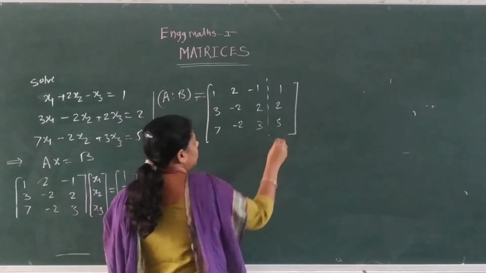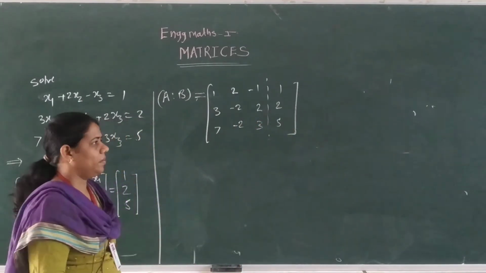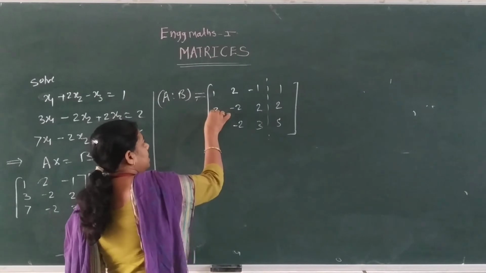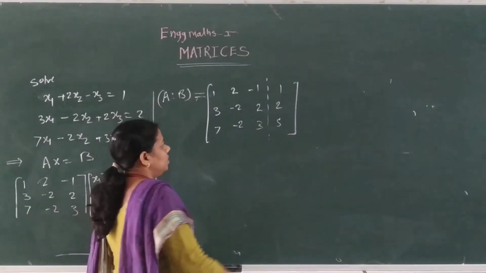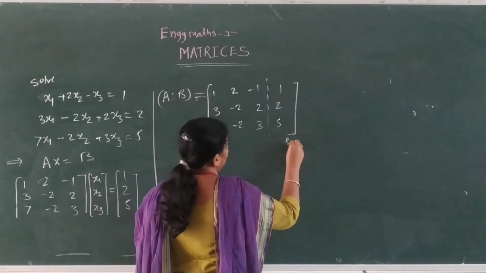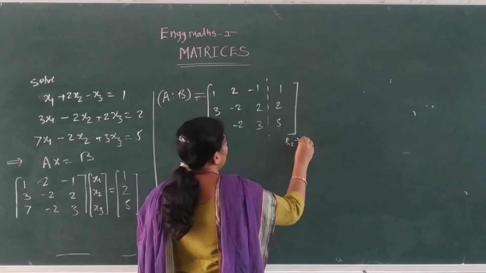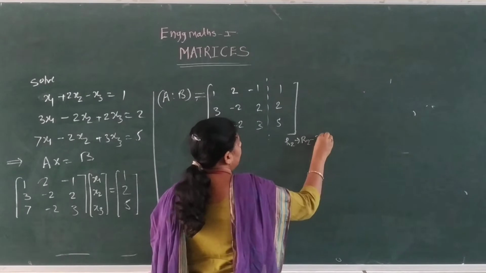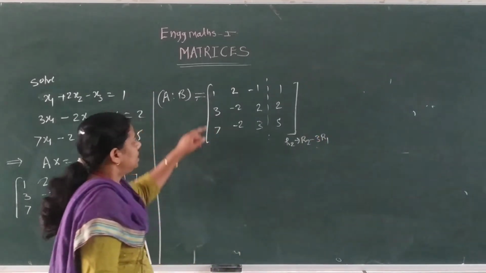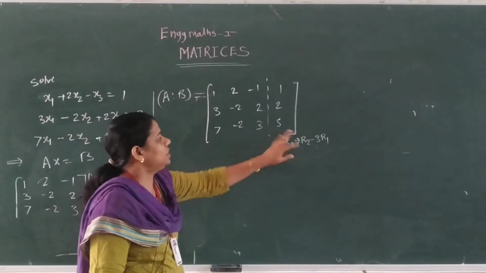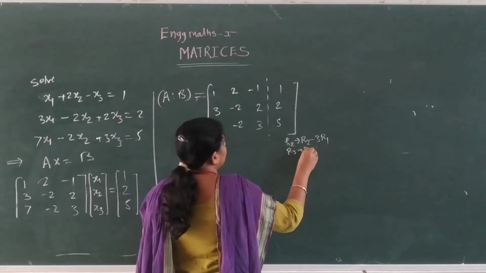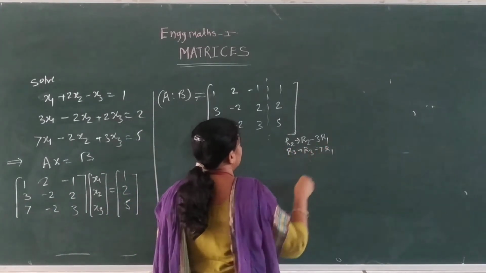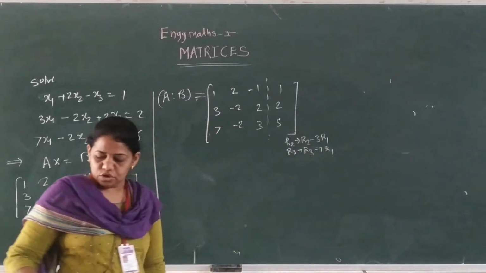Convert this matrix into echelon form by using row transformations. Convert these elements into 0 by using the a11 element. So R2 becomes R2 minus 3R1, which reduces this element to 0, and R3 becomes R3 minus 7R1, which reduces this element to 0.